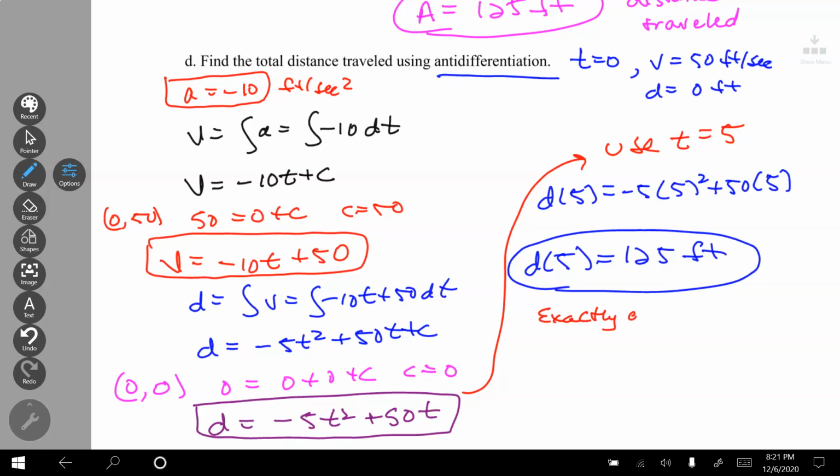Exactly what I got in part C, but I used calculus, not geometry. Calculus is going to be better because not everything's going to be nice linear graphs.